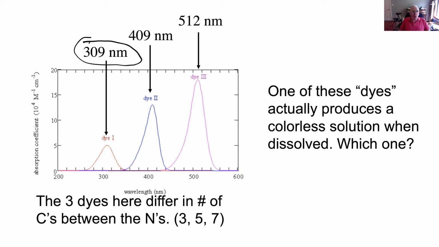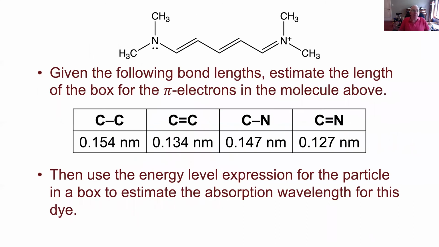And so that 3 carbon one, the one labeled as dye 1 in the picture, would end up making a colorless solution because the light that it's absorbing is in the ultraviolet. That means it's not changing the fact that if I hold it up to white light, to visible light, all the visible wavelengths should pass through, meaning I would see the solution as being clear, okay? So that's just a little bit of an aside about visible light, I guess.